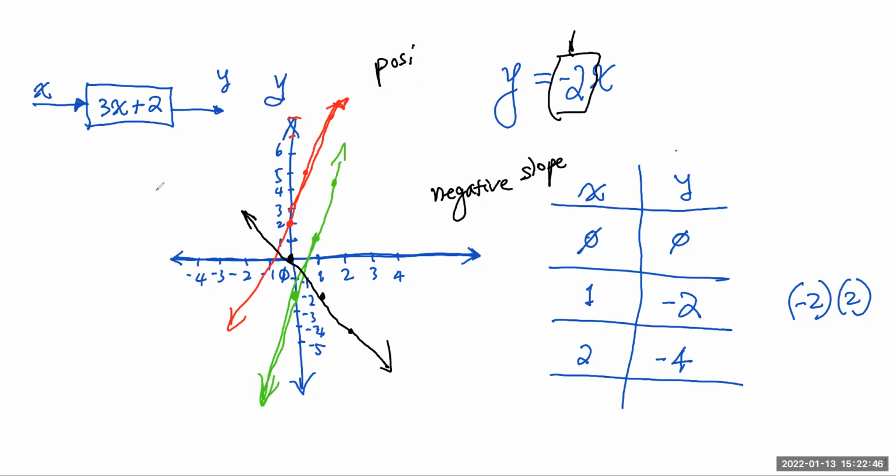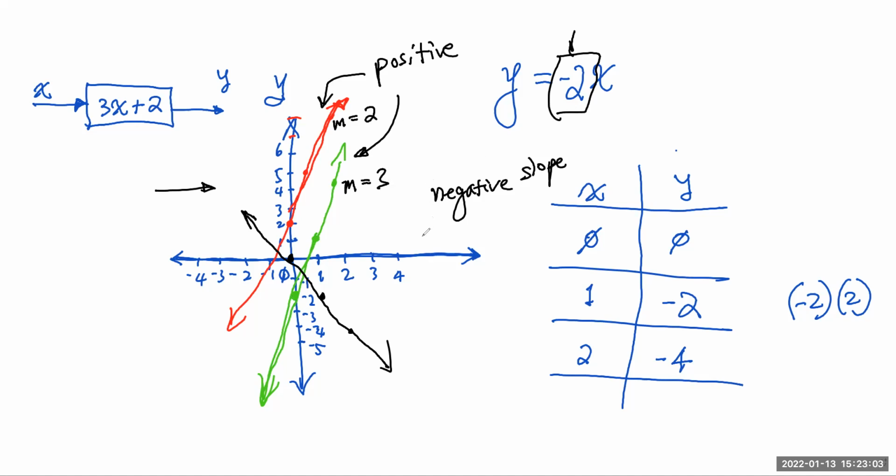We always read from left to right. So going up is positive slope. This is a positive slope, and this is a positive slope. As a matter of fact, the slope here is 3, and the slope here is 2.